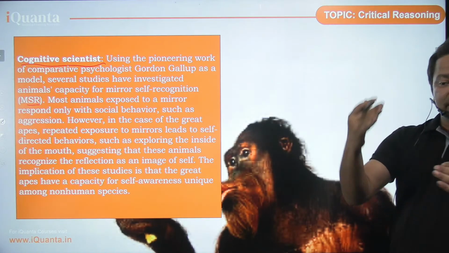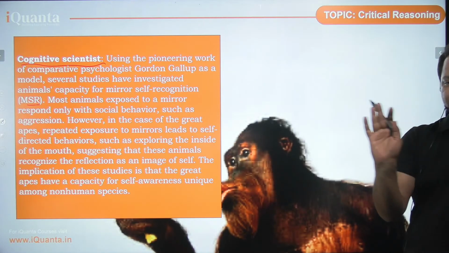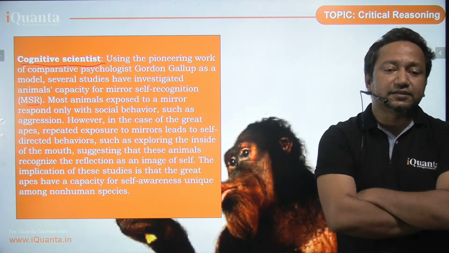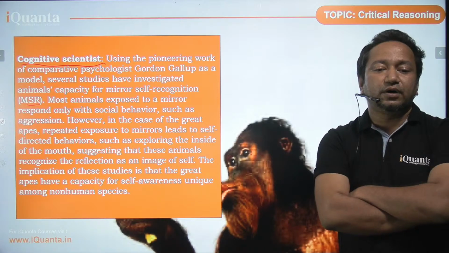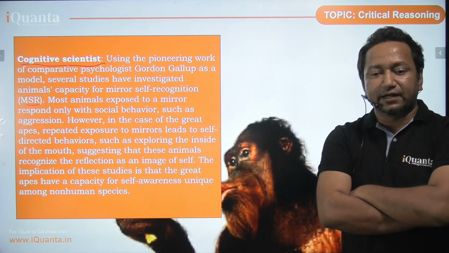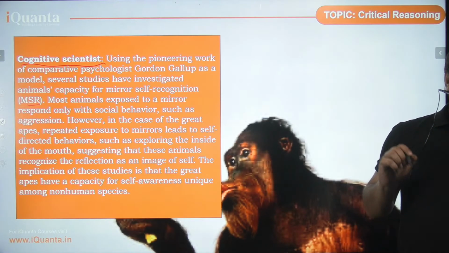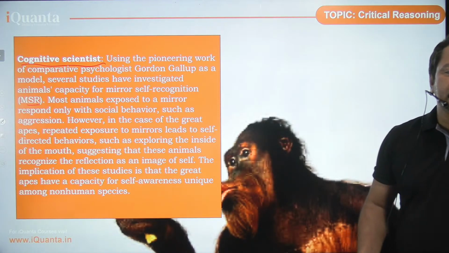Do they realize this is not another individual? This is me. So this is something which the study is talking about. So there's a comparative psychologist called Gordon Gallup, and upon his pioneering work as a model, several studies have investigated animals' capacity for mirror self-recognition.